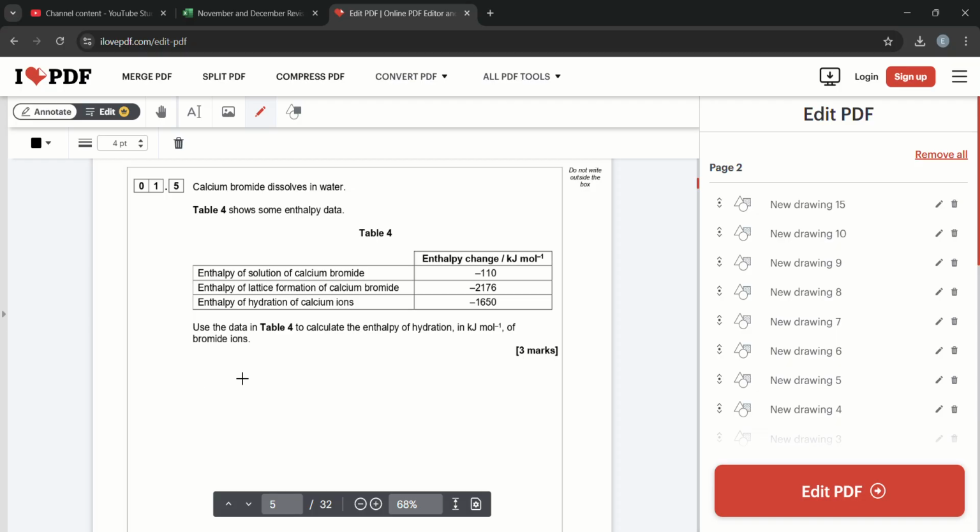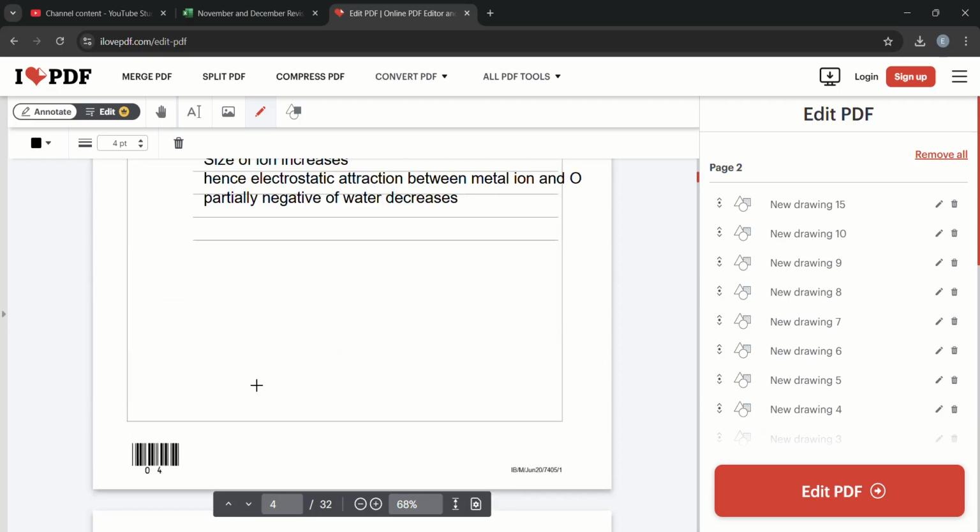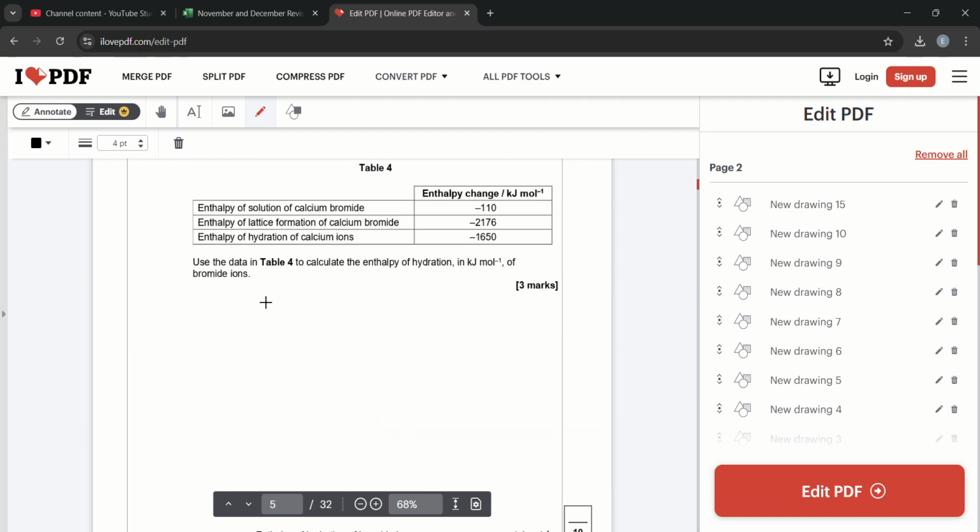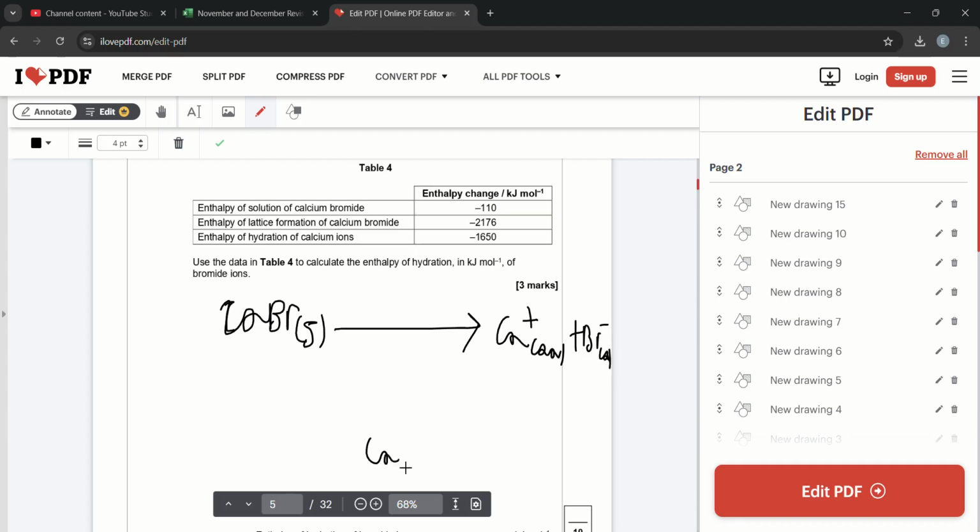So CaBr solid, arrow, Ca2 plus aqueous plus Br minus aqueous, and we've got Ca gas plus Br gas in the bottom.